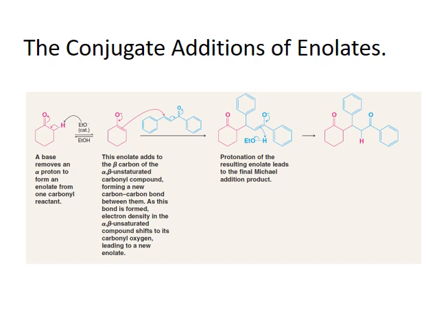Then the enolate is protonated by proton transfer from the solvent, ethyl alcohol, to give the enol, and the enol transforms to the ketone.